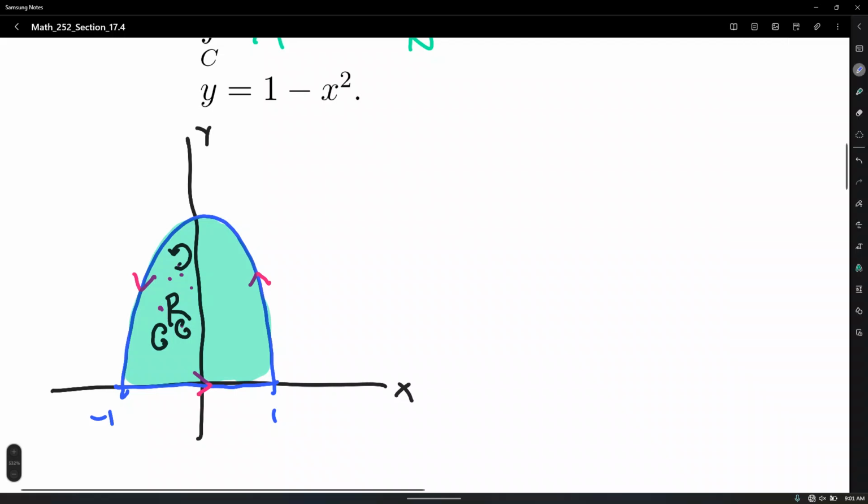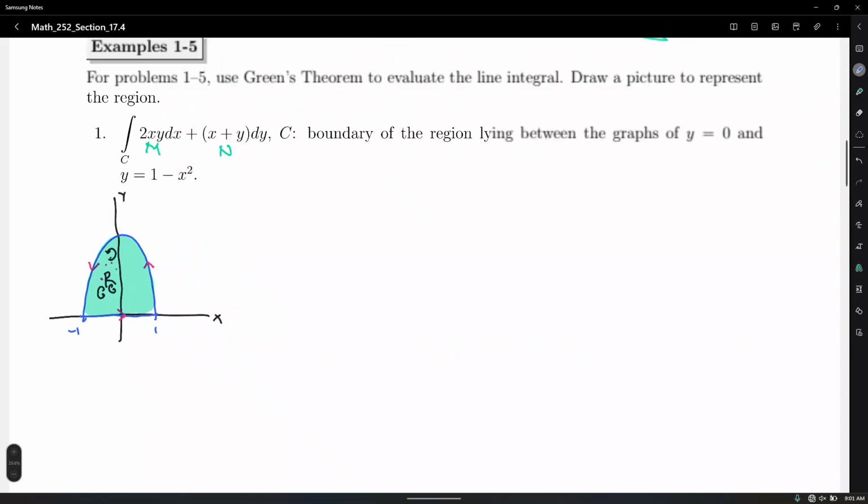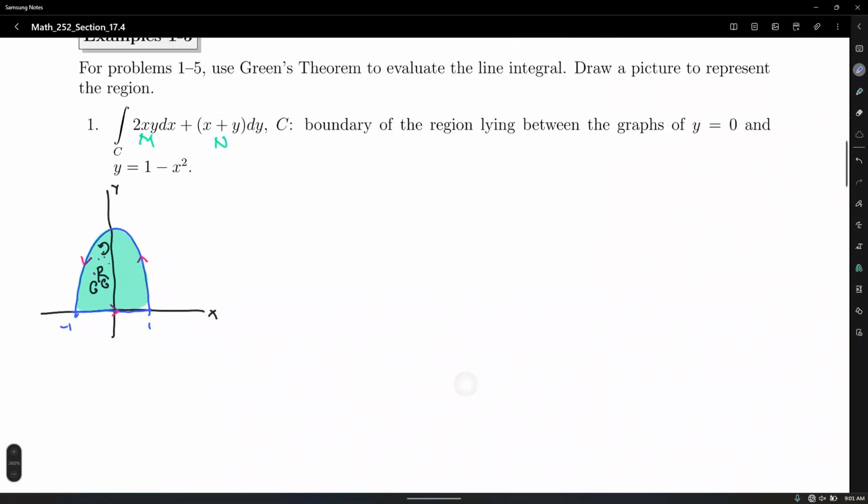Let's use Green's theorem to evaluate this. The integral of 2xy dx plus (x plus y) dy is equal to the double integral over the region R of the partial of N with respect to x minus the partial of M with respect to y dA.